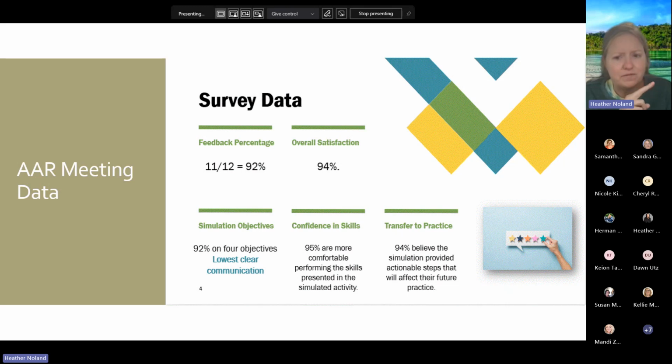We look at their confidence in their skills at a 95%, and then 94% on their transfer to practice. So what we're looking at is for them to commit to how this simulation activity impacted their confidence, and have they identified steps that they're going to carry forward into their future.